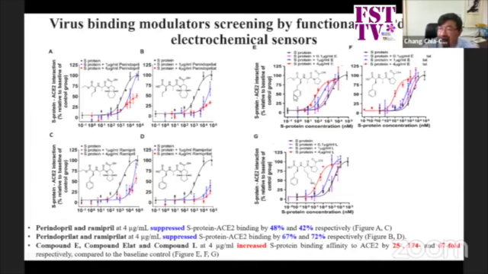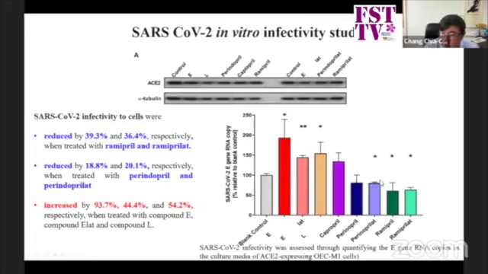However, another three ACEIs can increase the binding affinity from 25-fold to even 170-fold. They are enalapril and lisinopril. A similar trend can be found in real virus detection. This indicates that this study can be used to detect protein-protein interactions, and may also be used in anti-infection drug screening.